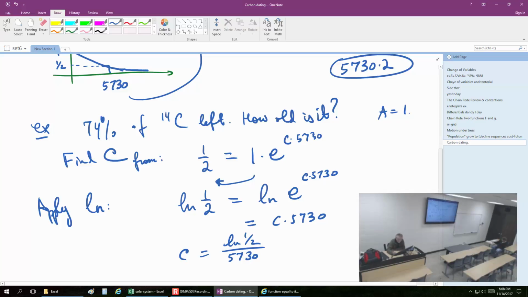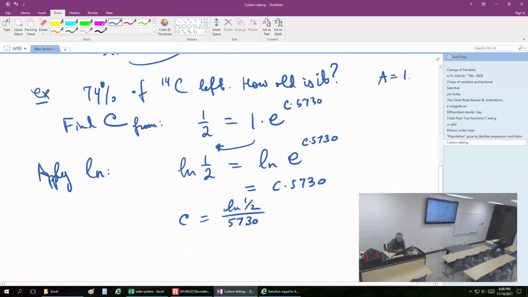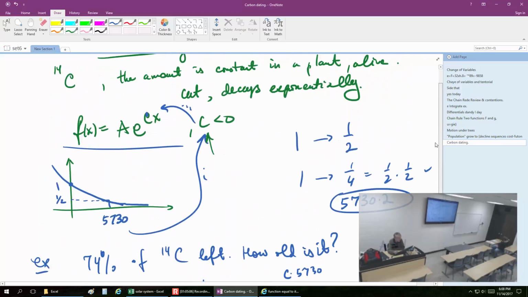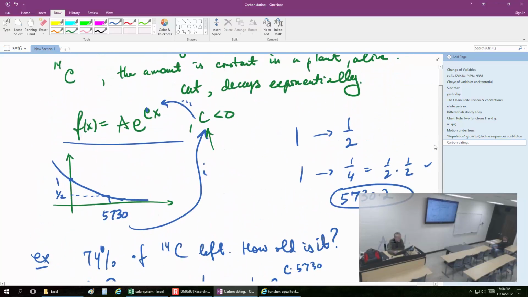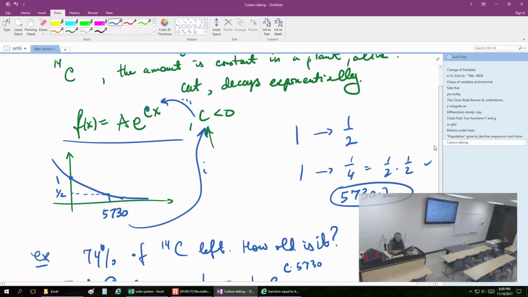So now we know what our exponential function is. C is identified, so all we have to do is plug in the 74% into this formula.